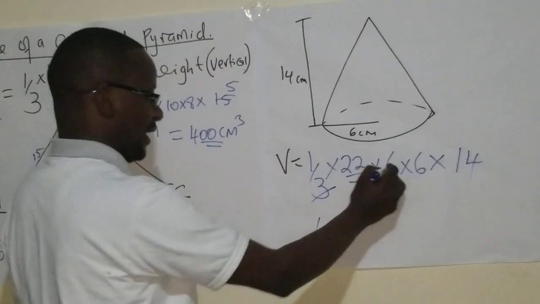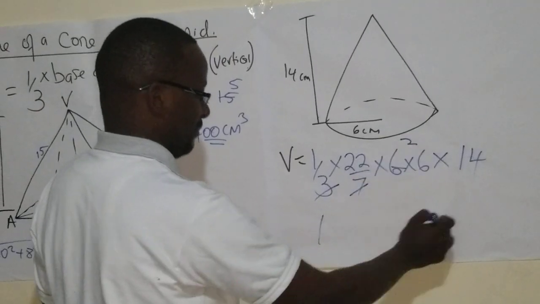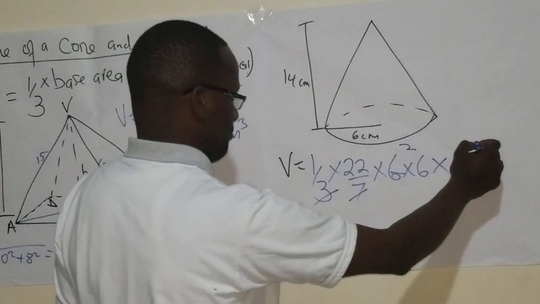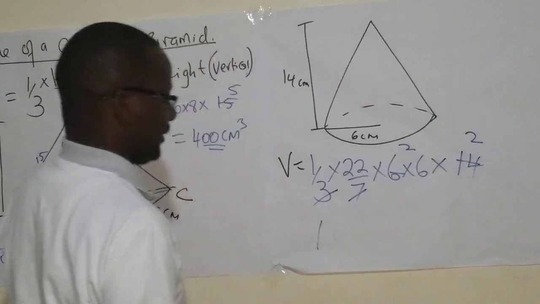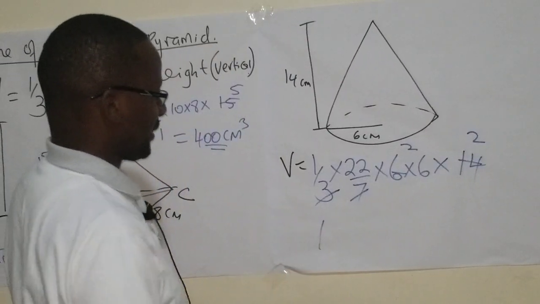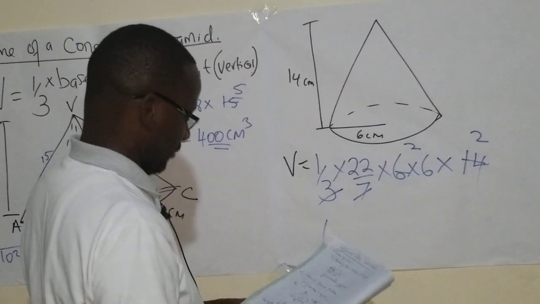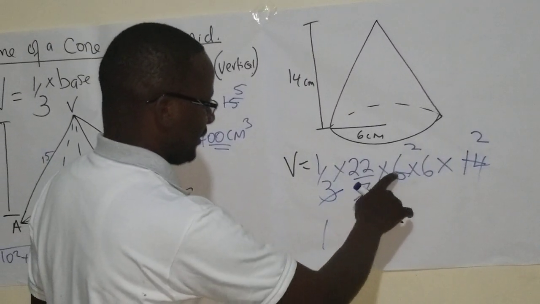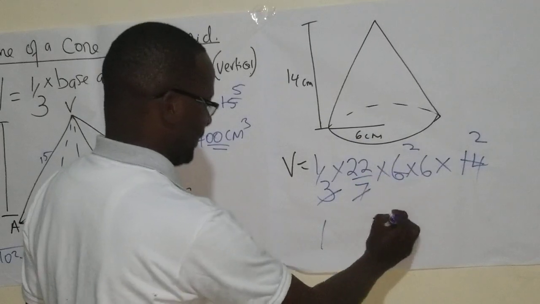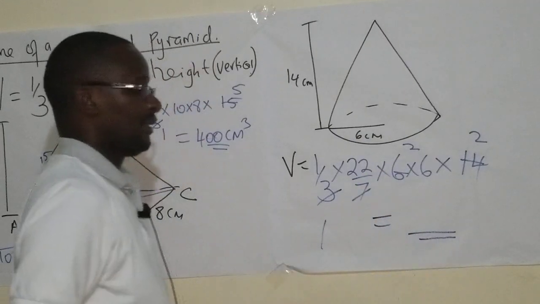So if you do that, this would be 2, this will be 2 again. So I think that will be what? This is 24 times 22. You can complete that and see what will be the answer.